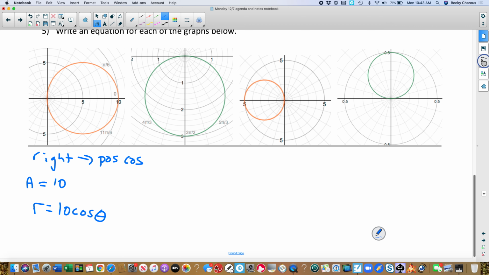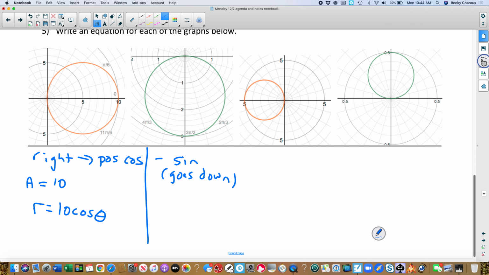Okay, all right, this next one, what do you think? It's a negative sine. Negative sine, terrific. So this is going to be negative sine because it goes down. Negative 3. But doesn't a have to be 3? a is actually the value in the equation. This isn't the amplitude for the graph.